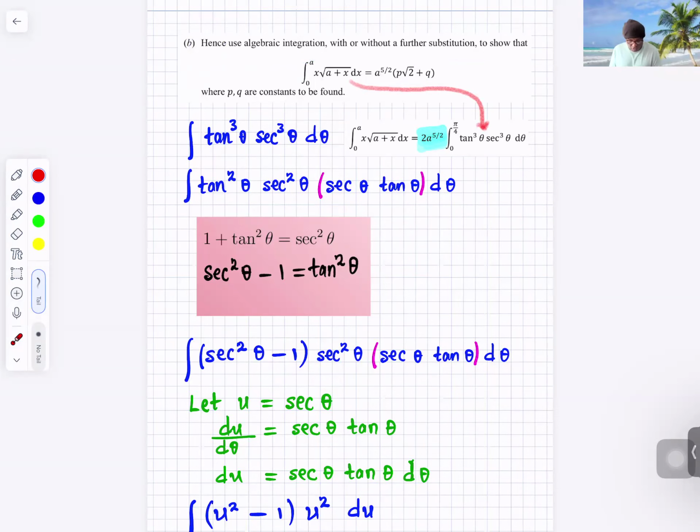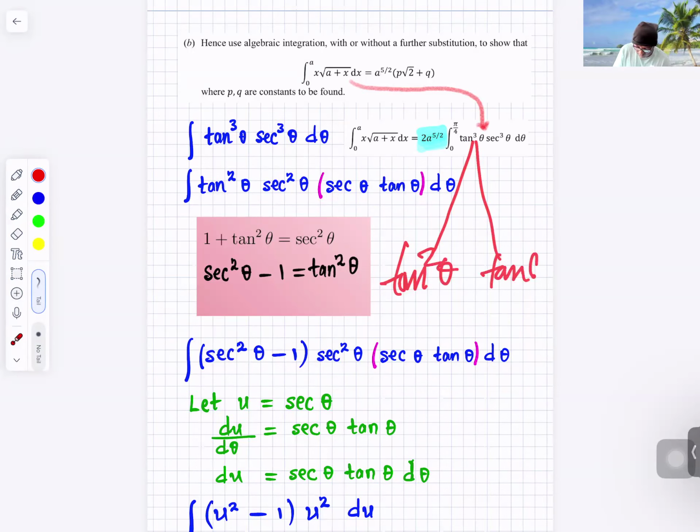So what we want to do now, to do this integration, is factor out sec theta tan theta. This is a technique which you may not have seen before, but we need to get sec theta tan theta out. So we take tan cube theta, split it into 2, tan squared theta and tan theta.